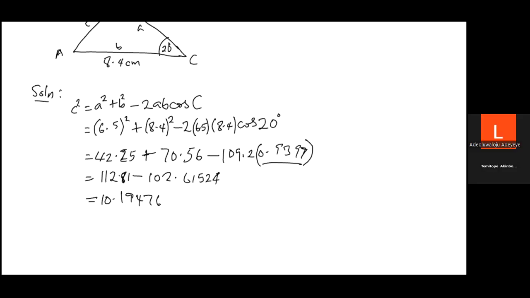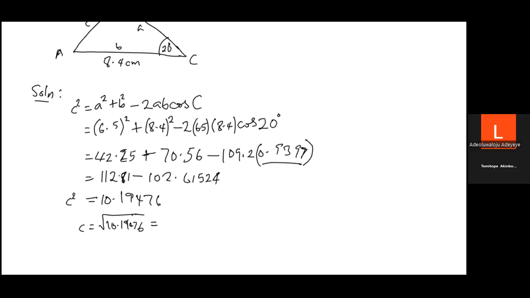C will now be the square root of 10.19476.